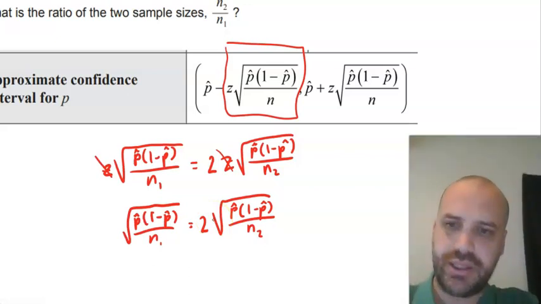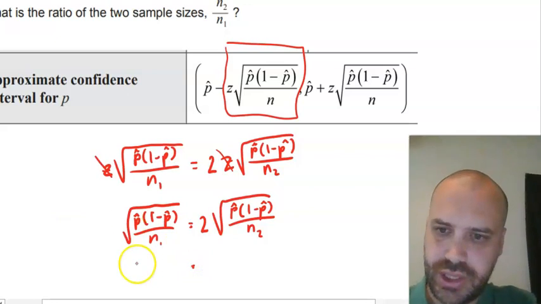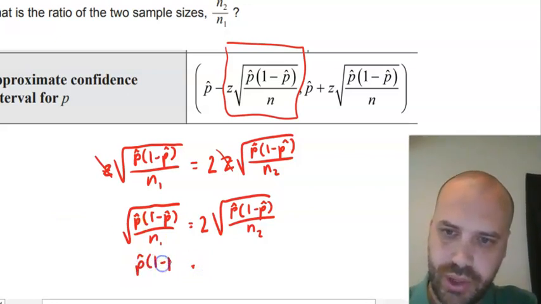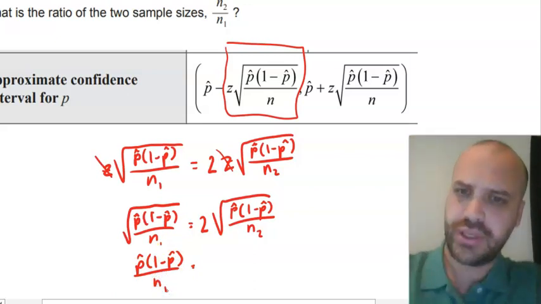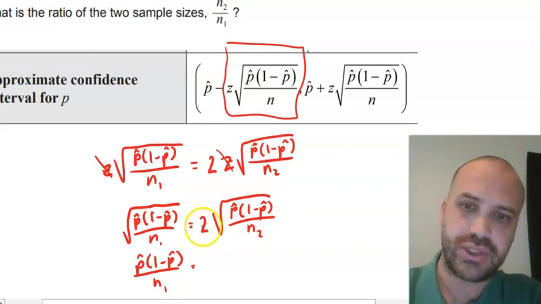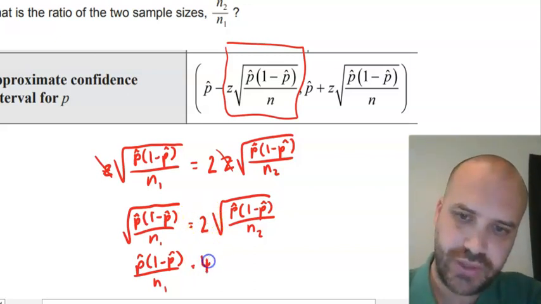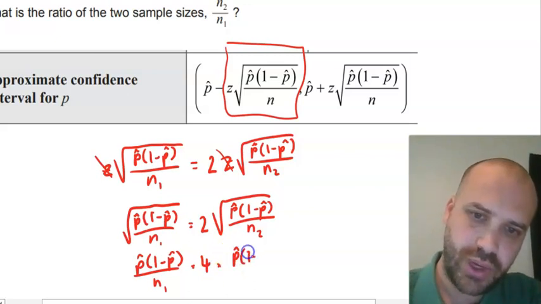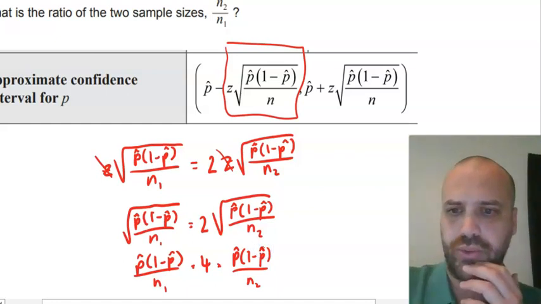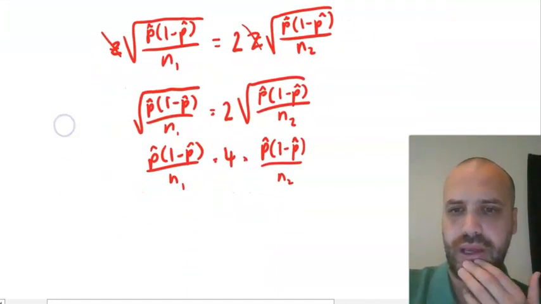Well, if I square the left-hand side, I just get p(1 minus p) over n1. And if I square the right-hand side, you need to be careful here because you need to square that 2 as well. So 2 squared is 4, and then it's 4 times p(1 minus p) over n2. All right. So what can I do here now?